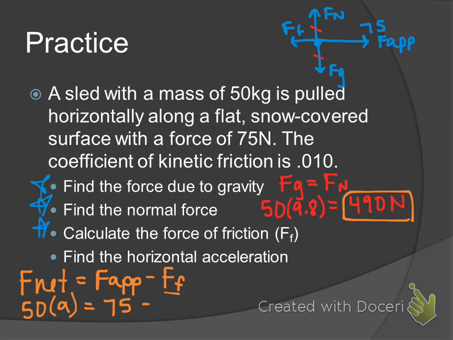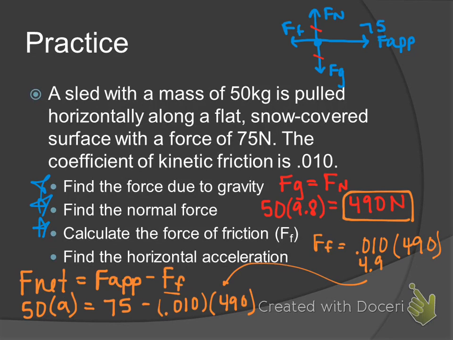The coefficient times the normal, so I'll say 0.010 times 490. You could always solve for the frictional force on its own. I could say frictional force equals 0.010 times 490, and I get 4.9, and then I could plug in 4.9 to that part of the problem. You can solve them all separately, or you can solve them in one equation. That's totally up to you.